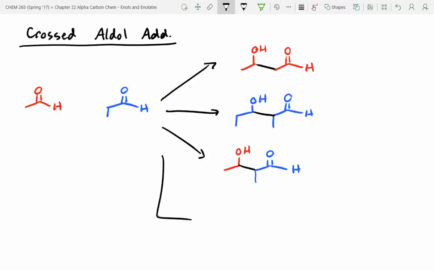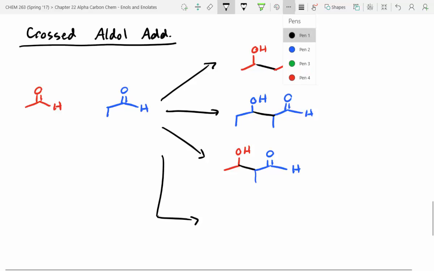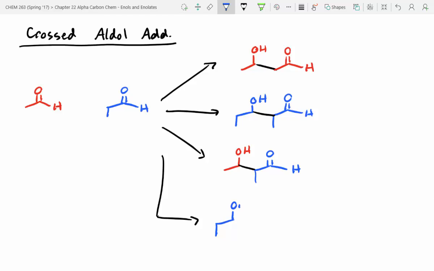Conversely, you could have one where your blue carbon acts as an electrophile, and then your red aldehyde is going to be your enolate.